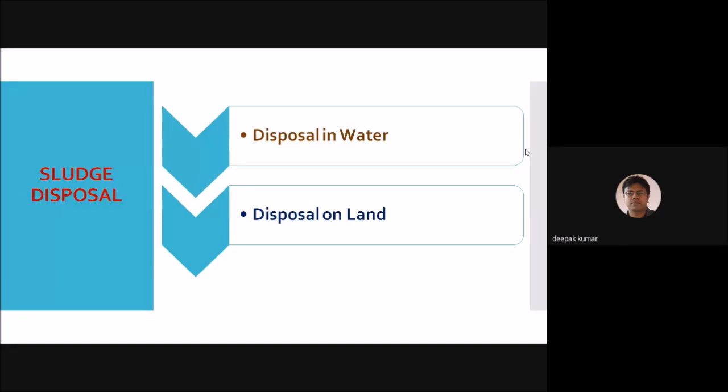And it will create a lot of problems for all the living beings to drink or to use that polluted water. So in most cases, if we want to dispose of sludge in water, it can be disposed of in the oceans, basically, isn't it?